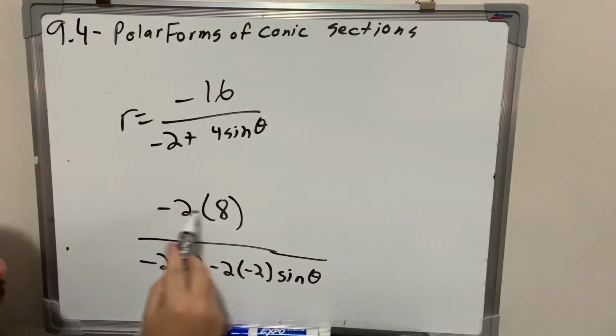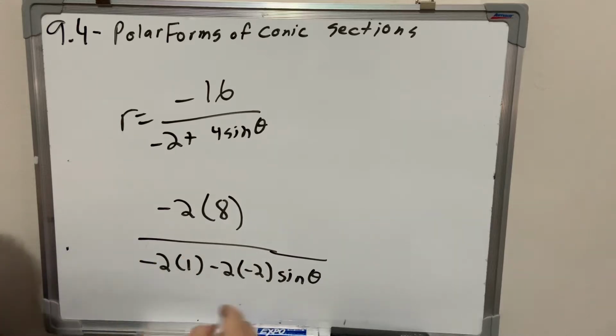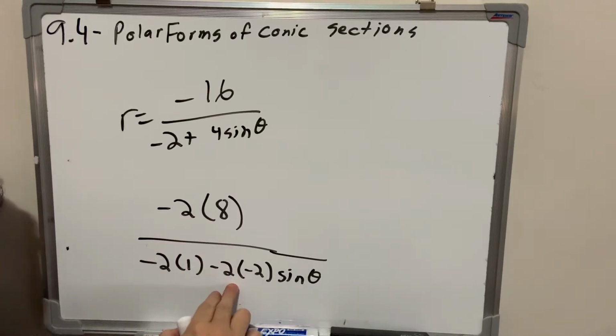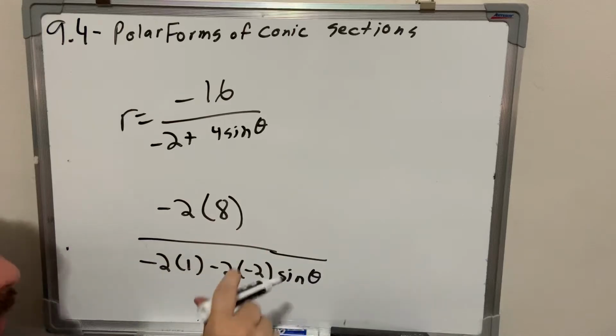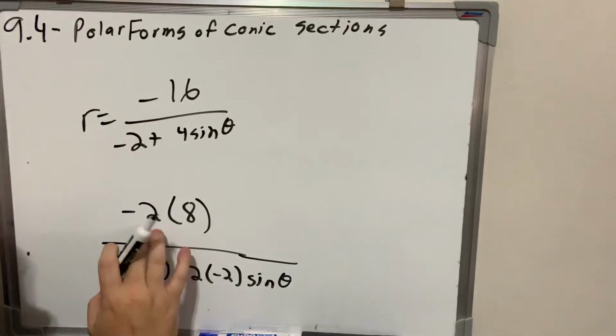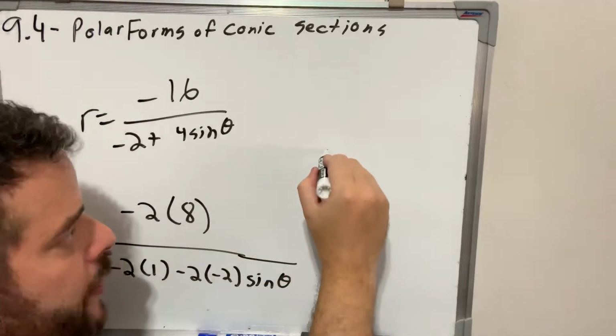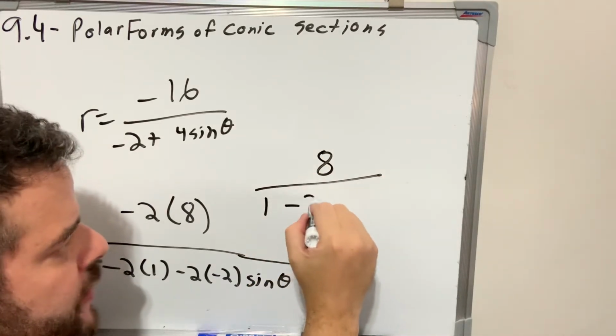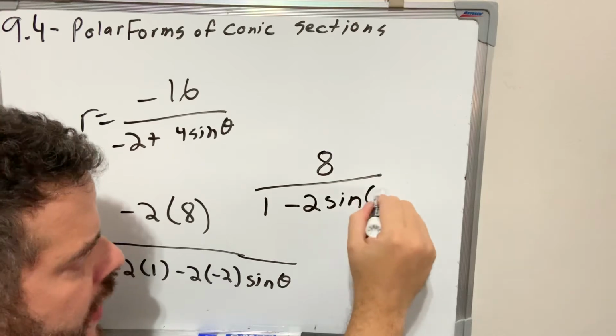If I multiply all these negative 2's times everything, I'm going to end up with the original equation. Now, the whole point of doing this is to get rid of a negative 2 at every single item in order to end up with my proper polar form. So I get rid of my negative 2's and I end up with 8 over 1 minus 2 sine theta.